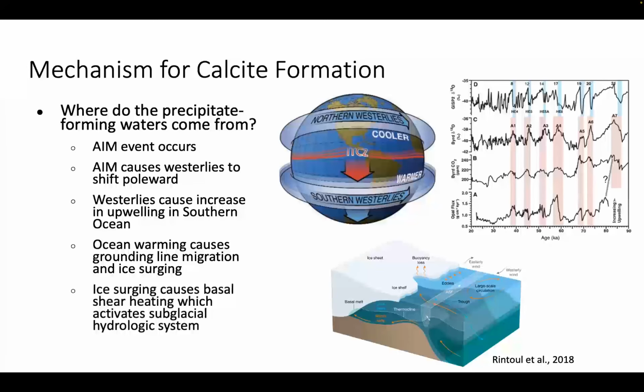The ice surging leads to basal shear heating, which generates enough water at the base in these otherwise cold-based regions to activate the subglacial hydrologic system, which then leads to the flushing of interior waters. That's what's able to precipitate the calcite out in these otherwise cold-based regions: waters from the interior of the ice sheet flushing out to the edges, activated by the basal shear heating.